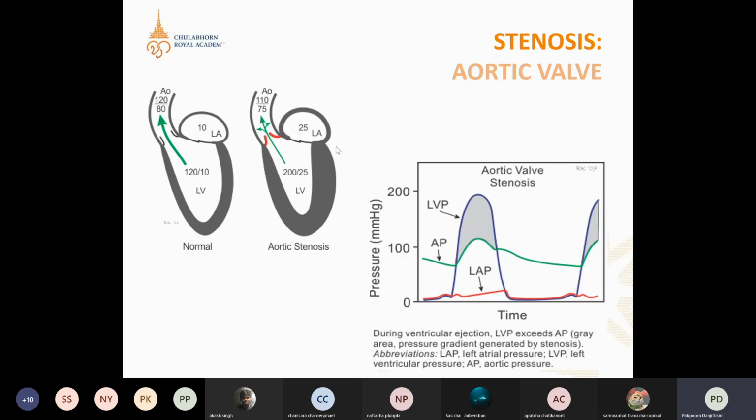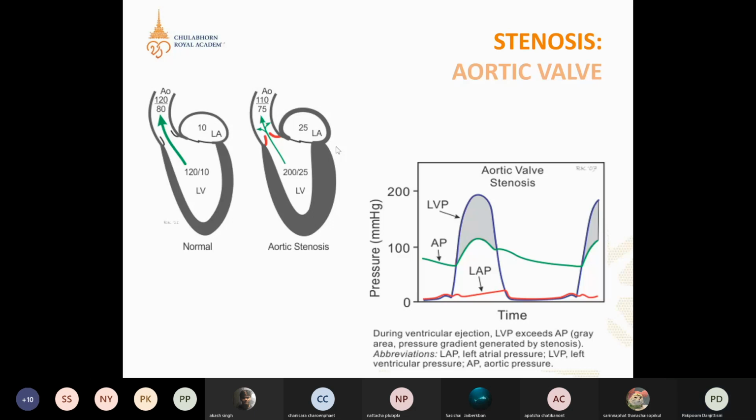The following chamber is the aorta. So you can just focus on the two chambers on either side of the valve you are focusing on. For example, in aortic stenosis, the chambers preceding and following the valve are the LV and the aorta.